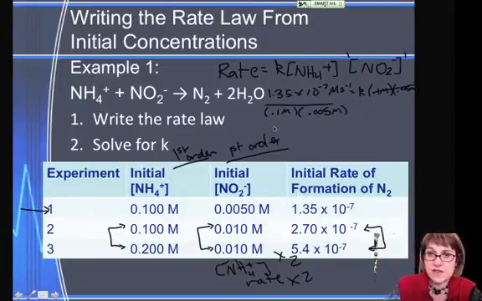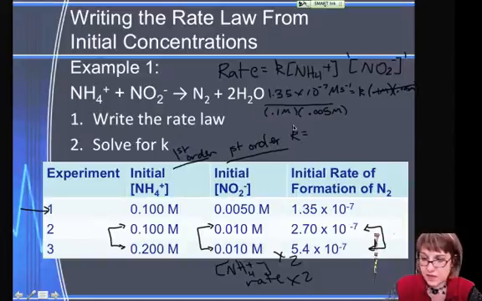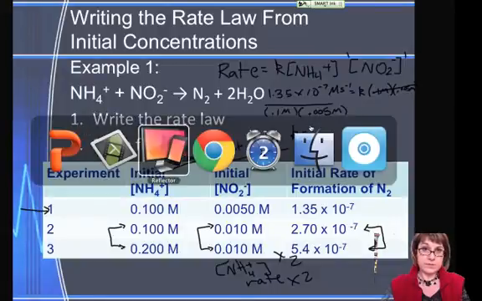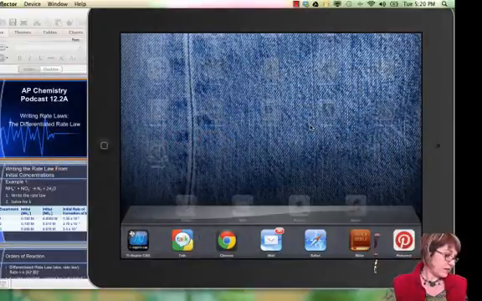So that's canceling away. k is then equal to, let's get our calculator out. Okay, here's my calculator.